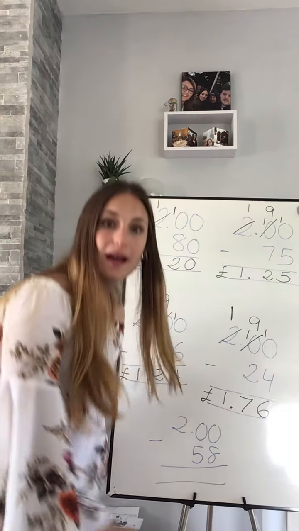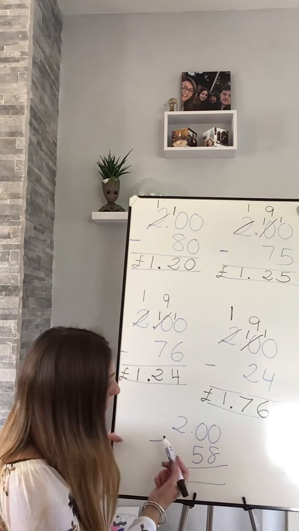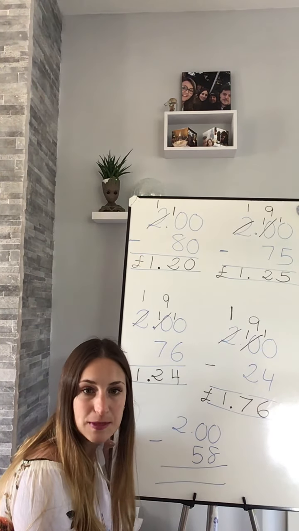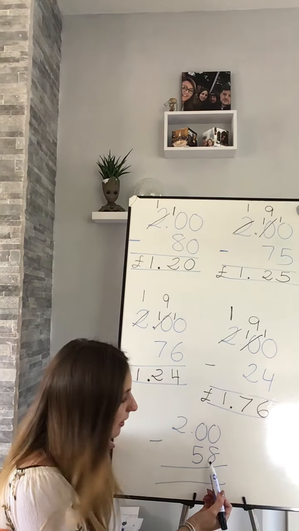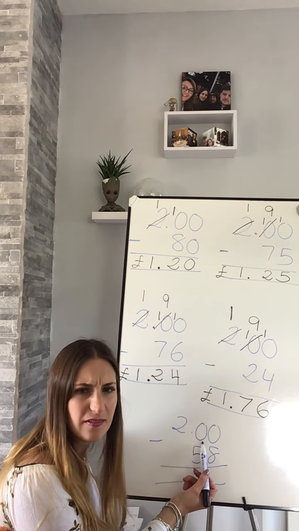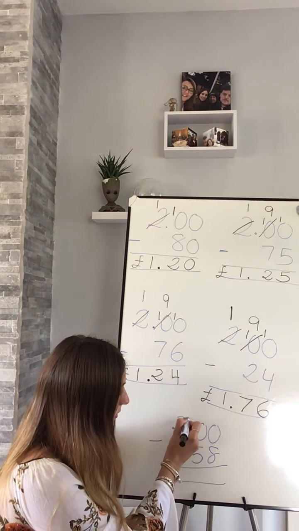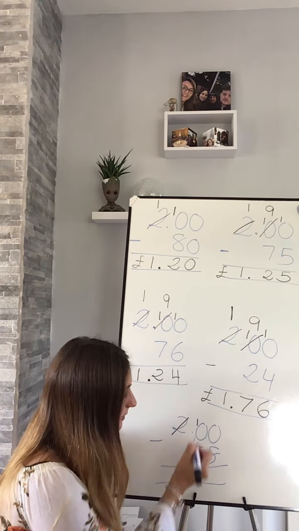Okay, and the last one, let's go into it. £2 take away 58p. 0 take away 8, I cannot do that, can I? So I'm going to borrow, but I haven't got anything in my tens, so I will need to borrow from my hundreds to my tens.